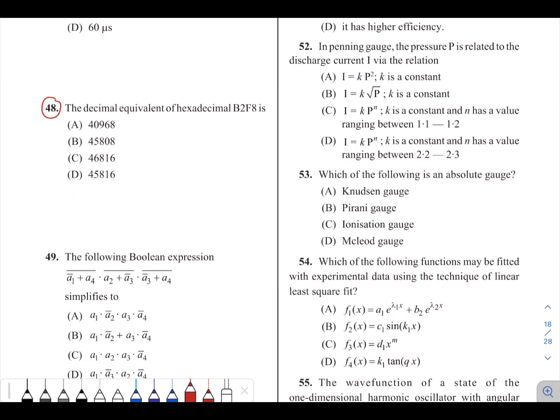Problem 48. The decimal equivalent of hexadecimal B2F8 is. So in hexadecimal system, B is equivalent to 11 and F is equivalent to 15.